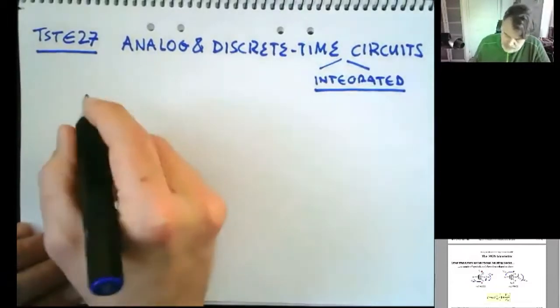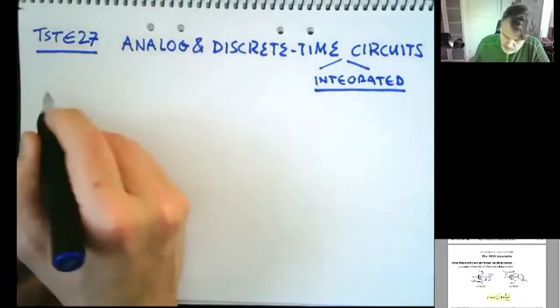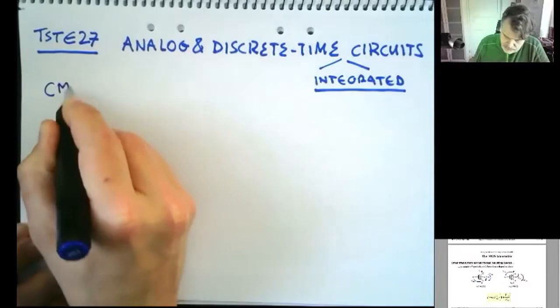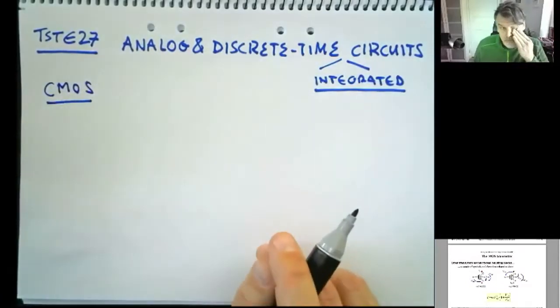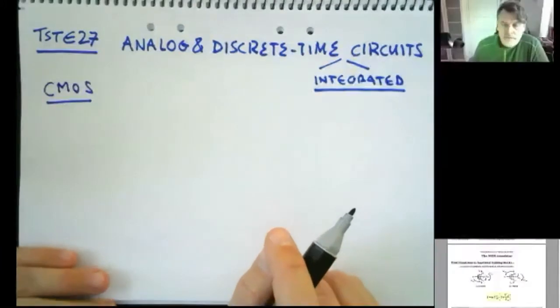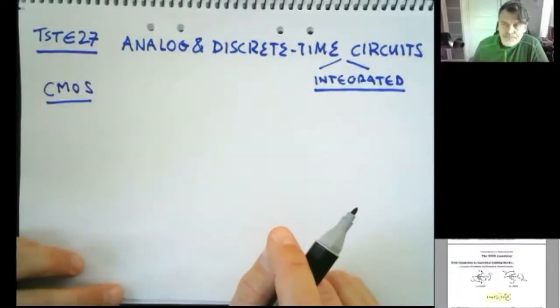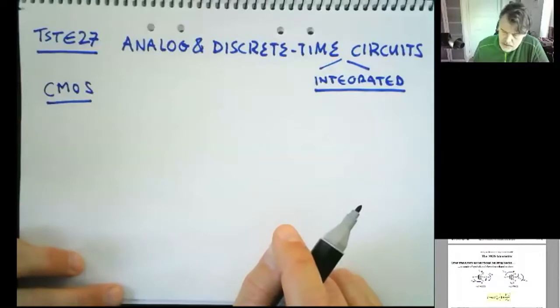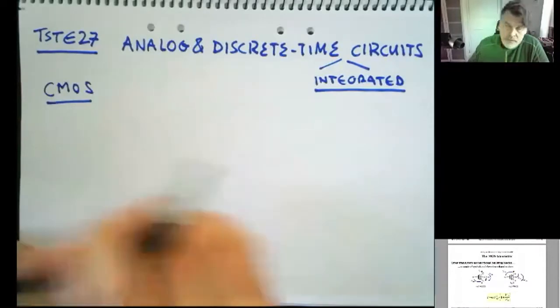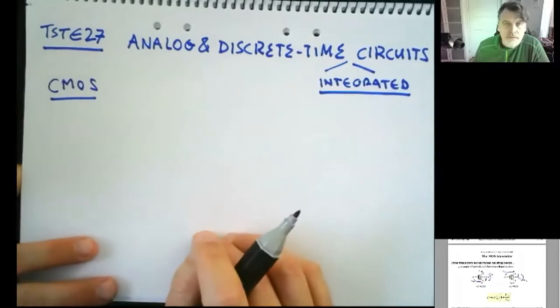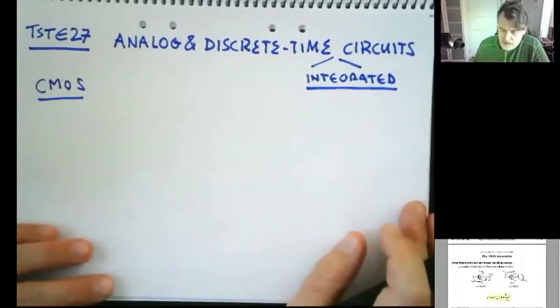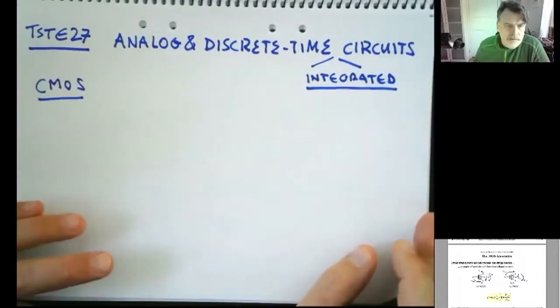So let's start with a quick overview of MOS transistors, or CMOS. In this course, I'm not going to discuss much about the physics behind the transistor. I'm not really keen on that. To be honest, I don't know much about the physical stuff behind the transistor. I don't have that background.